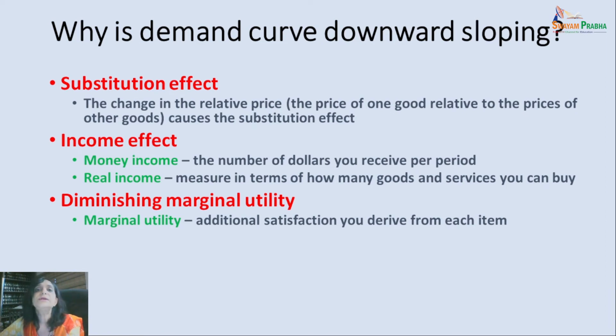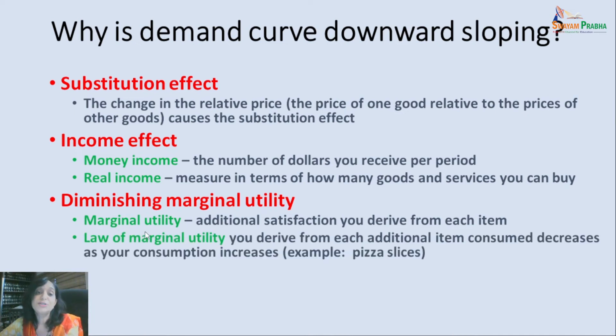The third biscuit you eat, again there will be a change in satisfaction. So the extra satisfaction or utility which you get by consumption of a product or any item is called marginal utility.